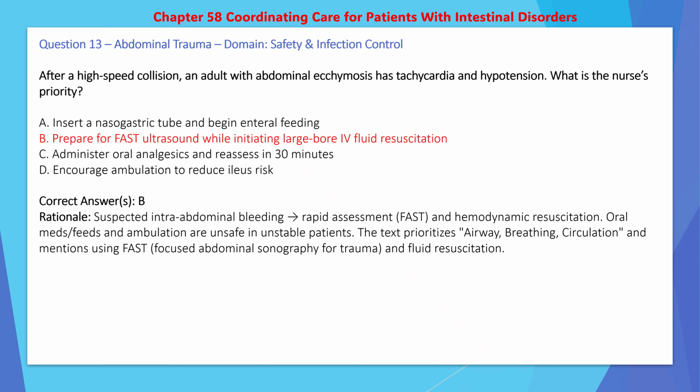So you see here safety and infection control, like to provide safety. The text prioritizes airway, breathing, circulation, and mentions using FAST, focused abdominal sonography for trauma, and fluid resuscitation.